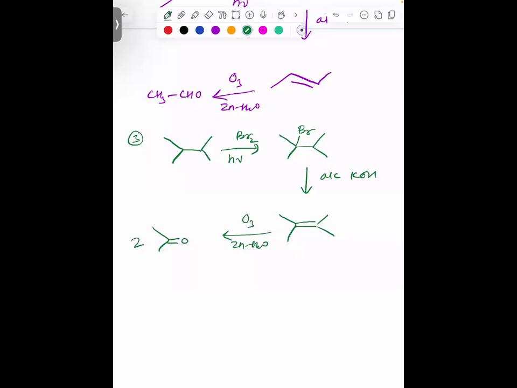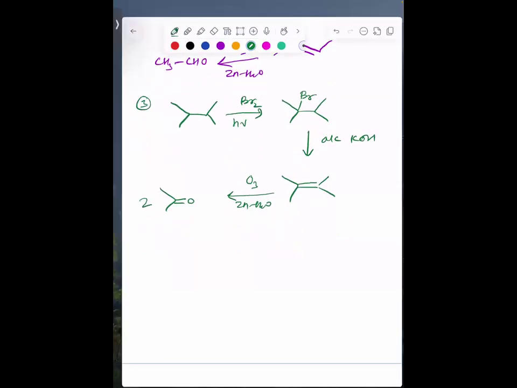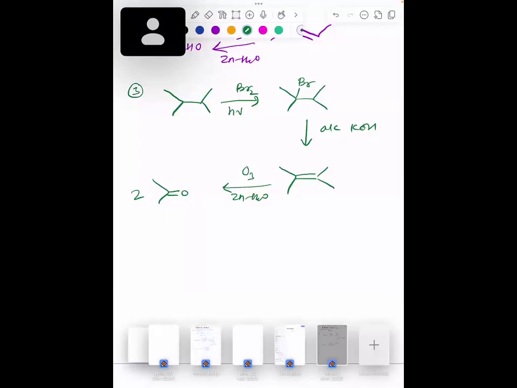Okay friends, with this the preparation of aldehyde and ketone is done. Then the second one that we discussed is nucleophilic addition of aldehyde and ketone. Any difficulty up to this, students? Any doubt? No. Okay. Just go through it, then we will discuss further.